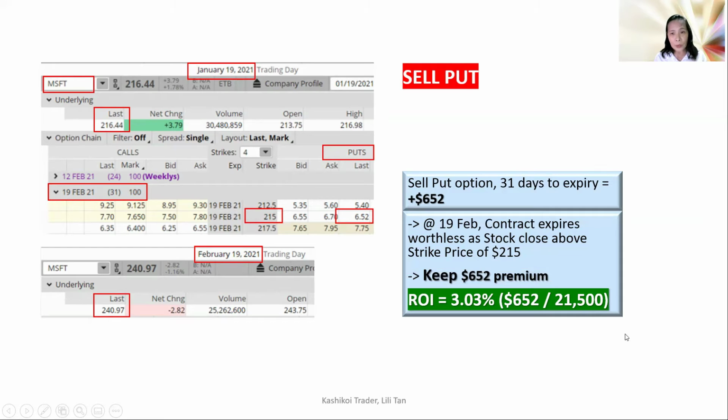Therefore, this is the way it's calculated. But 3.03% for around 1 month of trade, over 12 months, is actually not too bad. 12 times 3 is about 36% a year, compared to the bank interest of around 0.05%. So this is way above what a bank can offer you.